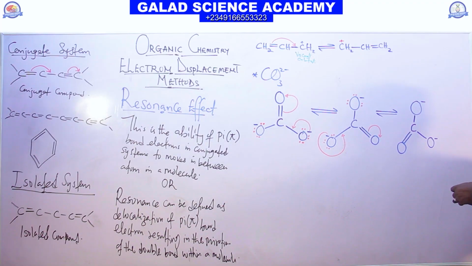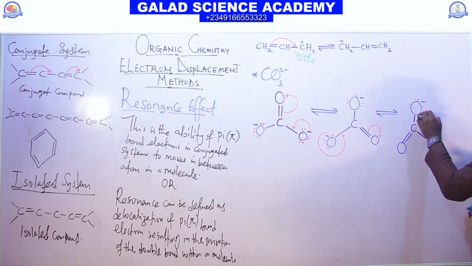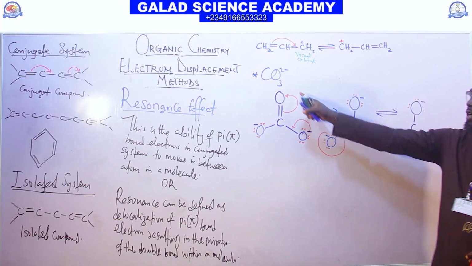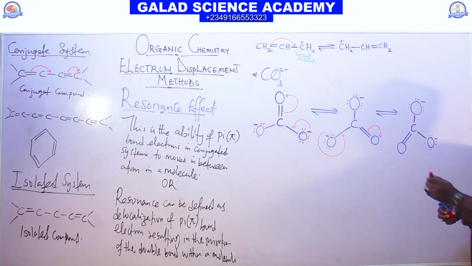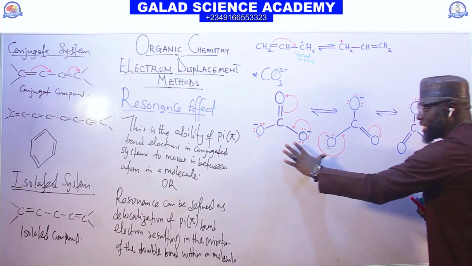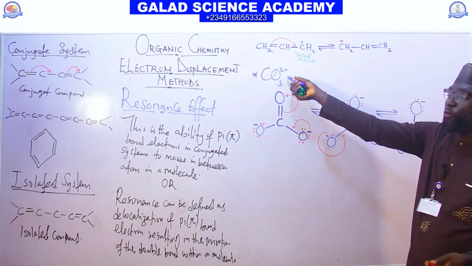So we now have lone pairs of electrons. If you look at it now, this is the resonance structure of CO3 2 minus. At the end of the day, these three structures are not the real structure for CO3.